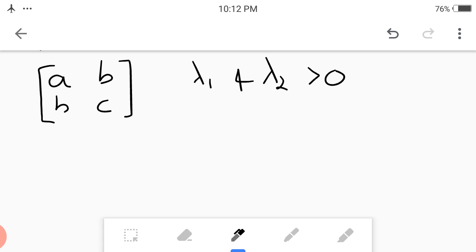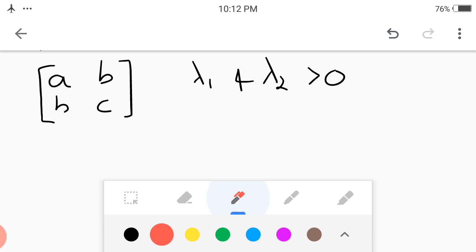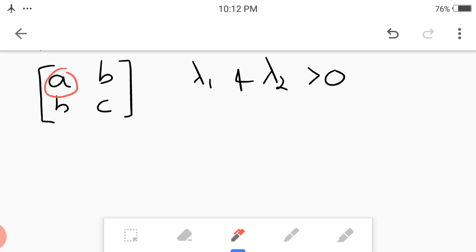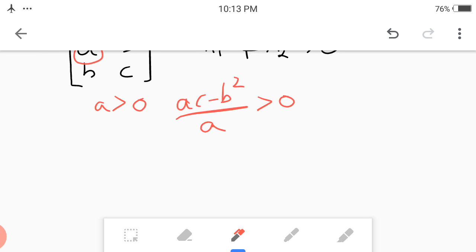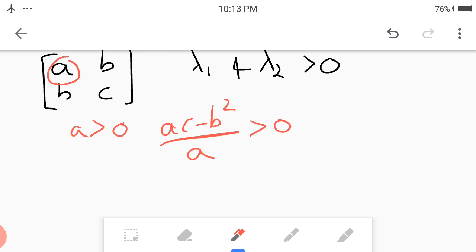So this will be your first pivot, so A should be greater than 0. Your second pivot will be AC minus B squared by A, which has to be greater than 0. The third point is about determinants.